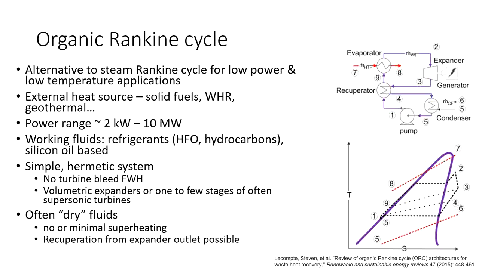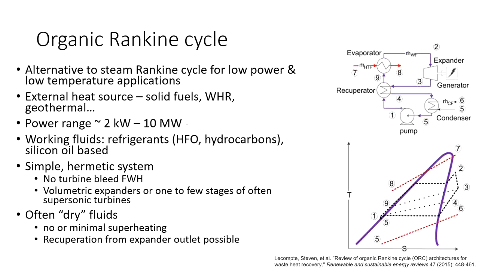So basically it's an alternative to the regular steam Rankine cycle when we want to have an application of low power output or some application at low heat source temperature. It's a cycle similar to the Rankine cycle with an external heat source, so it can be applied to systems with solid fuels combustion, geothermal applications, or especially waste heat recovery, where the organic Rankine cycle, abbreviated as ORC, is very favorite.